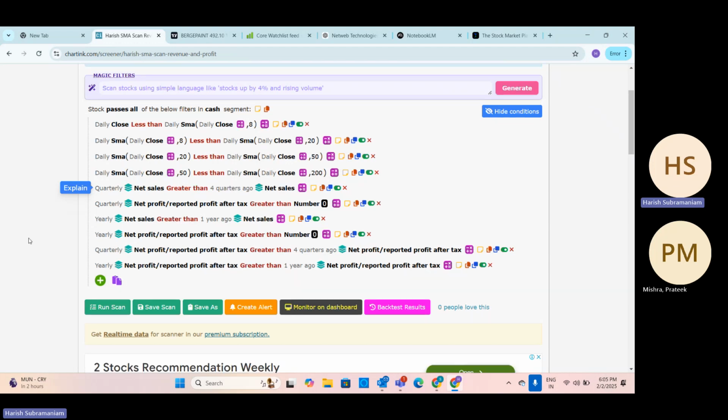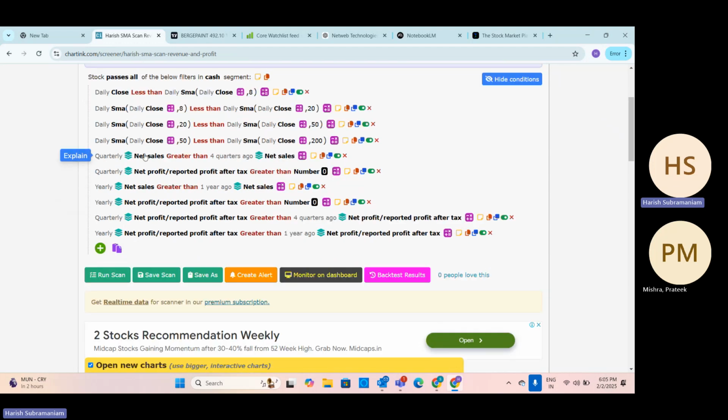But at the same time, we want good financial performance. So the quarterly net sales is greater than the sales of 1 year back. The net profit has to be positive, greater than zero. Then the quarterly net profit has to be greater than the profit reported 4 quarters ago.